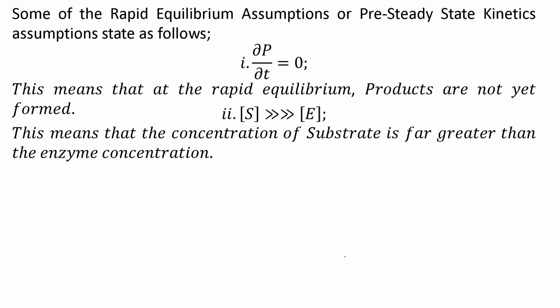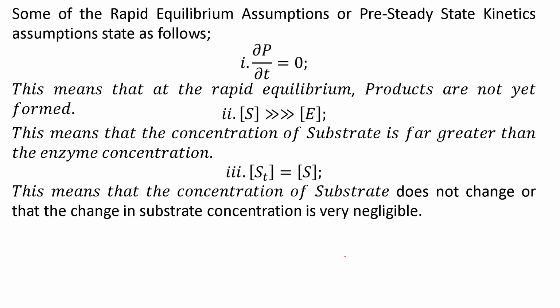Now, another assumption is that the substrate concentration is far, far, far greater than the enzyme concentration. Then the third one is that the total substrate concentration is equal to the substrate concentration.